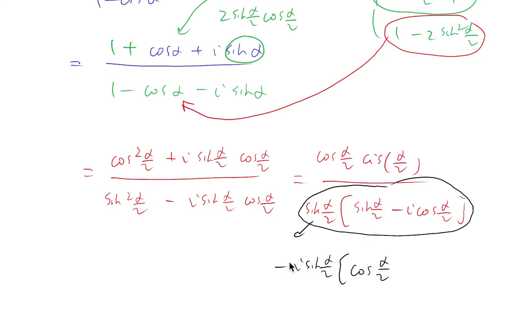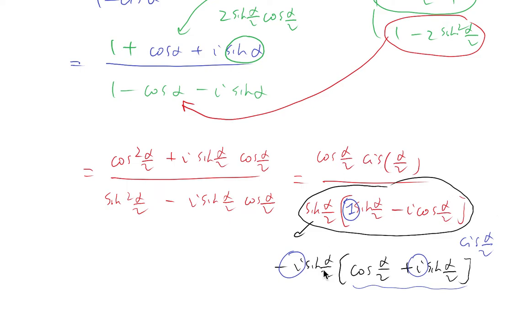Minus I multiplied by positive I equals 1, so this one would be plus I sine alpha over 2. You can double check the coefficient: sine alpha over 2 before had coefficient positive 1, and minus I multiplied by positive I still equals 1. Everything is the same, and this part is also cis alpha over 2, so the cis alpha over 2 cancels.